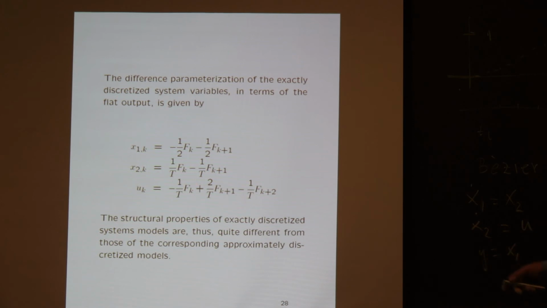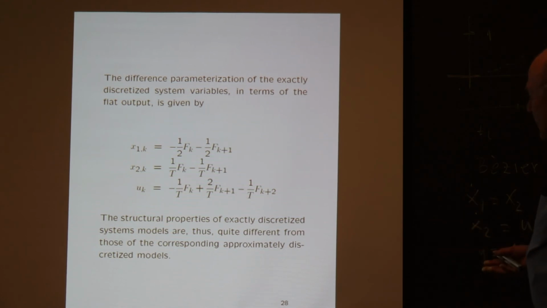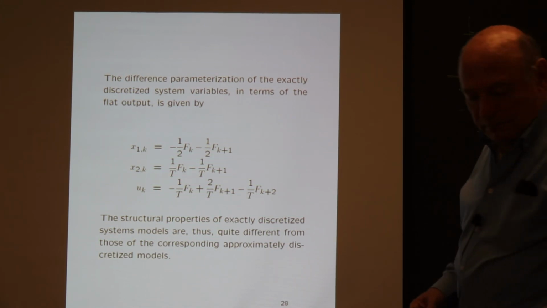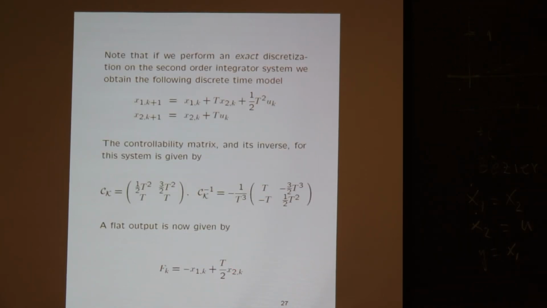Flatness equally applies to both of them. But do you want to use an exact discretization or do you want to use an approximate discretization? Be aware of the fact that they have basically different structures, and the flat output has a different definition than in the approximate state.